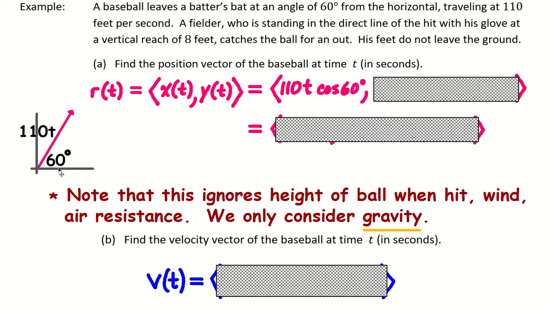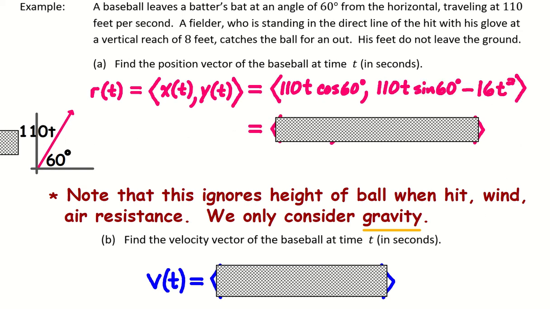Now, the vertical component is affected by gravity. So therefore, we're going to throw on this minus 16t squared. If you've taken physics already, maybe this will make sense.